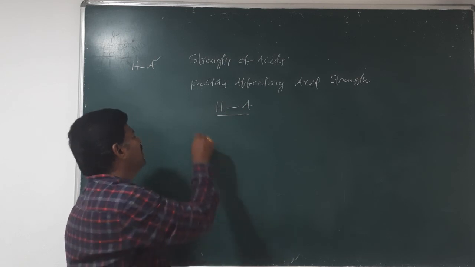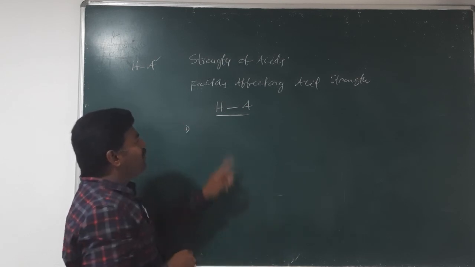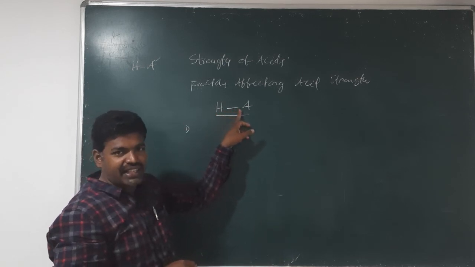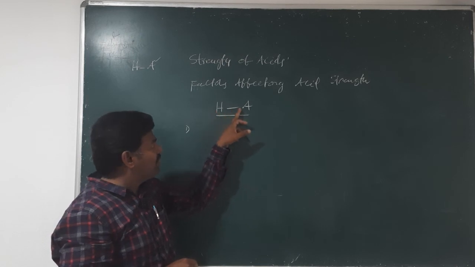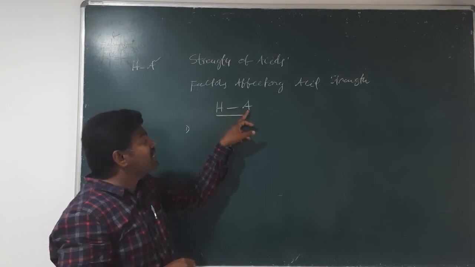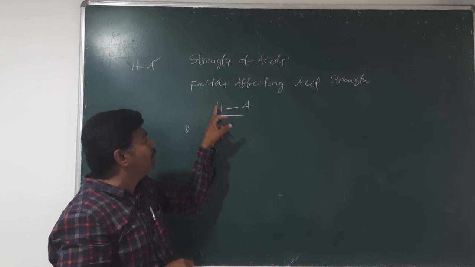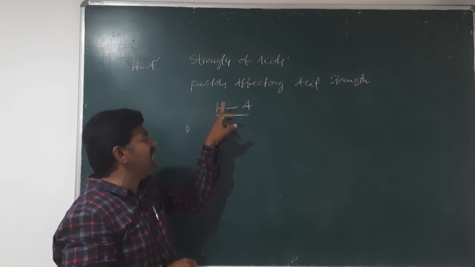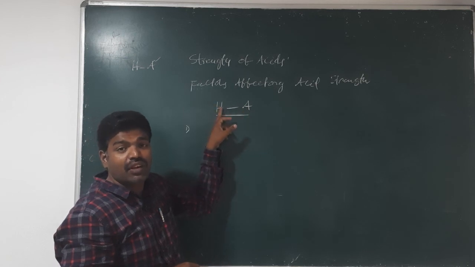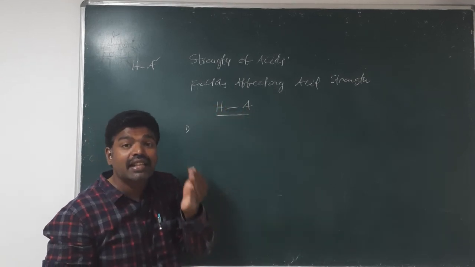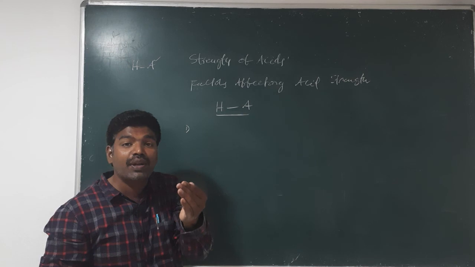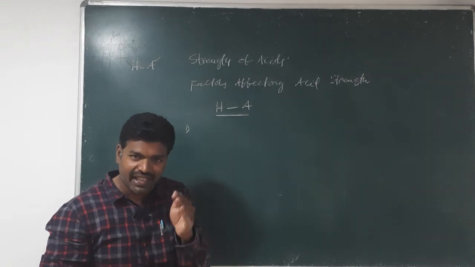For example, case 1: when the strength of the bond decreases, that means the strength of the bond between H and A decreases, then the energy required to break the bond decreases.